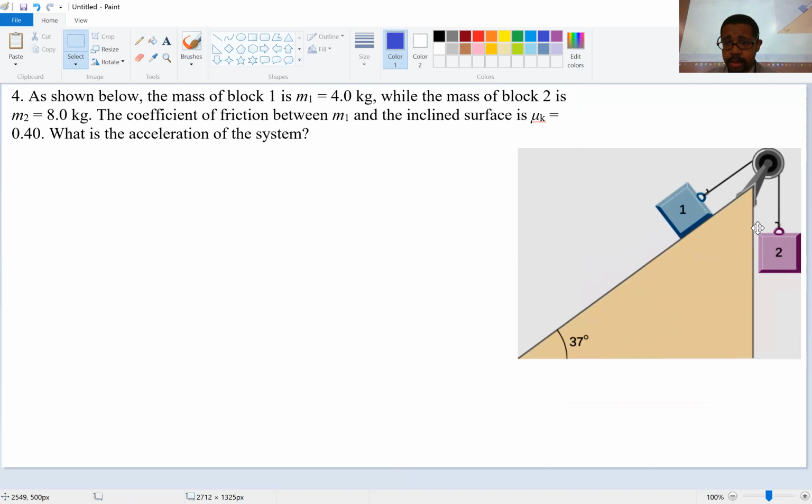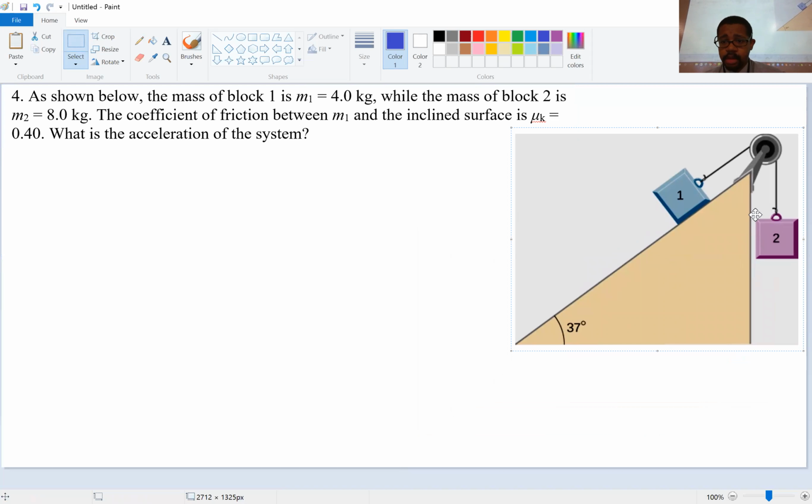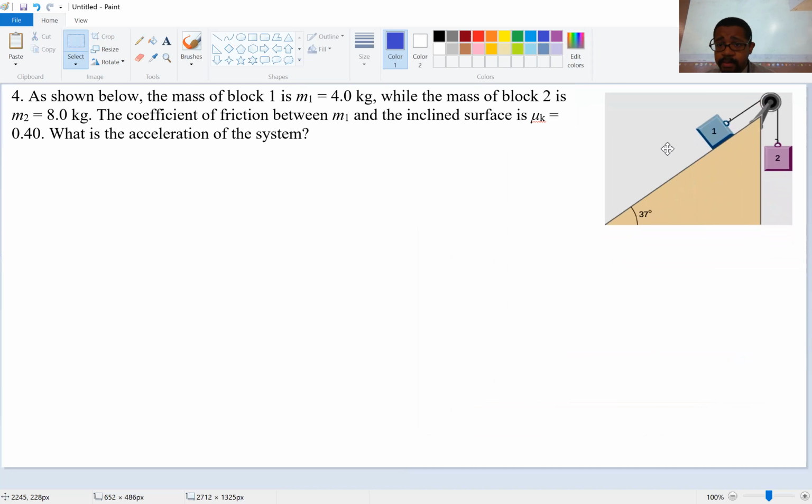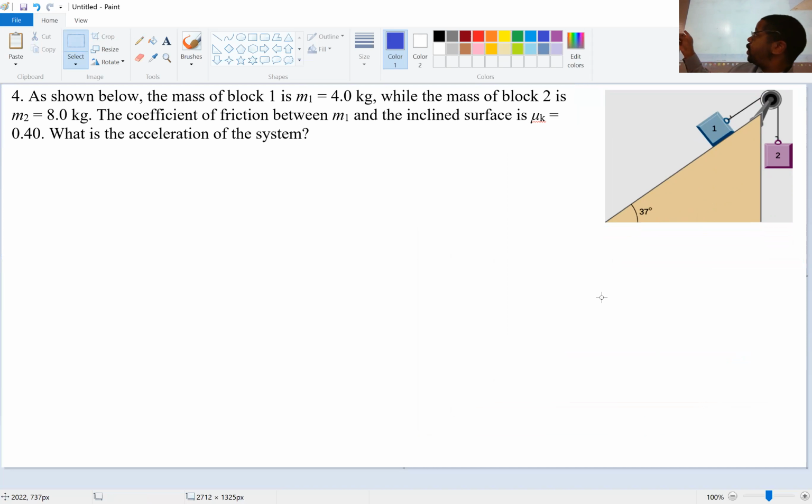I'll go ahead and put the picture. It's a little smaller though. Okay, so let me copy what I put over here, the free body diagram I drew. We'll put it in this color.